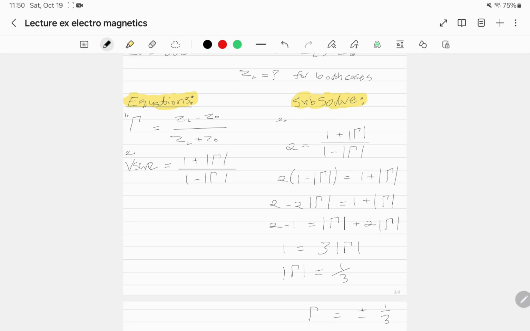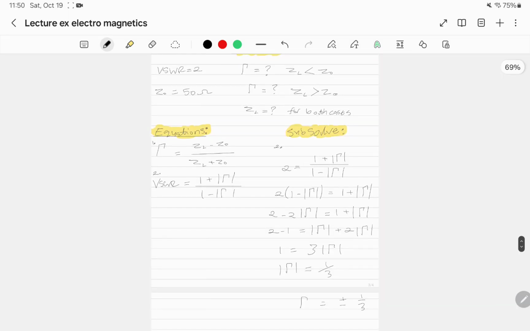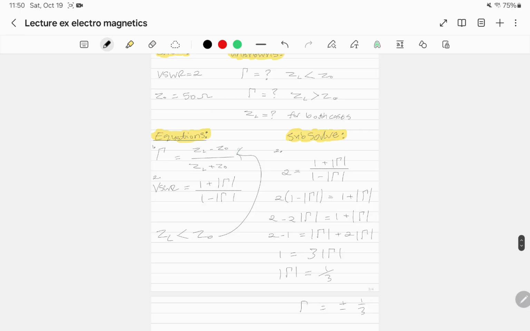So now let's analyze the two situations that we had. If ZL is less than Z0, we could look at this equation here and see that if Z0 is greater than ZL, then you're going to end up having a negative number in the end, because you're doing ZL minus Z0, and if Z0 is bigger, then you'll end up with a negative number.